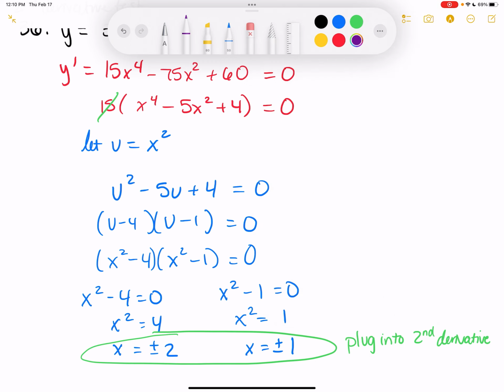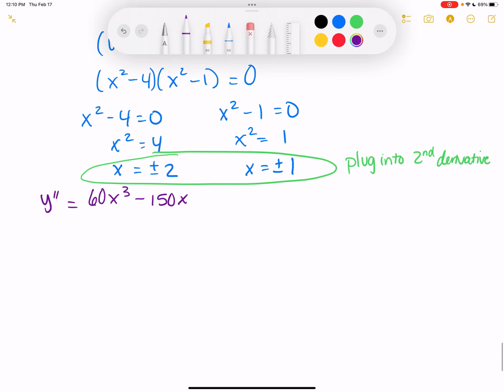So what would the second derivative be? Alright, so then I now have that.